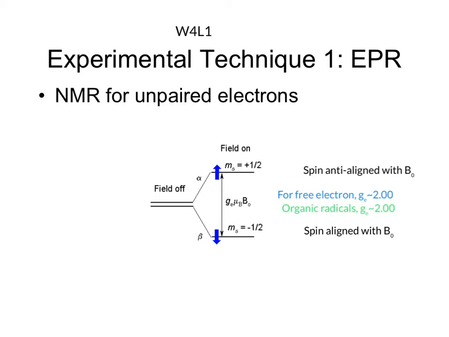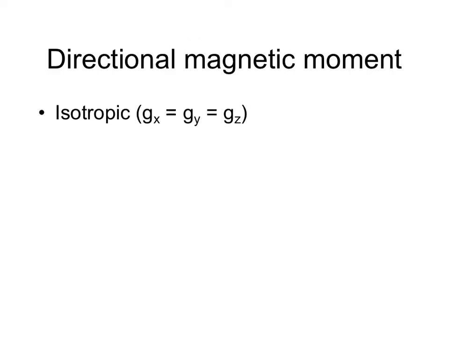But transition metal complexes can have spin-orbit coupling, which is quantum mechanical coupling of the electron spin to orbital angular momentum, or local magnetic fields due to metals or other unpaired electrons, to give very different values of g than 2. The magnetic moment of an unpaired electron can also have directionality, and this can tell us a lot about the symmetry and shape of the orbital that the unpaired electron is in.